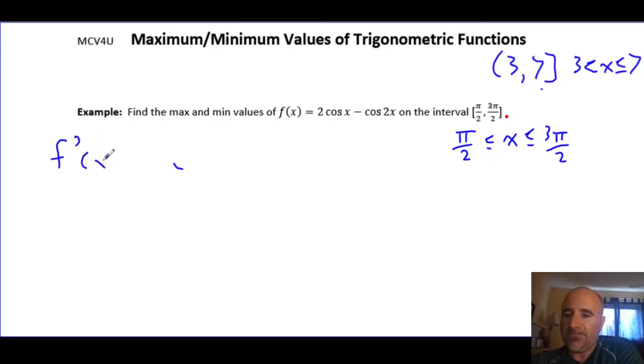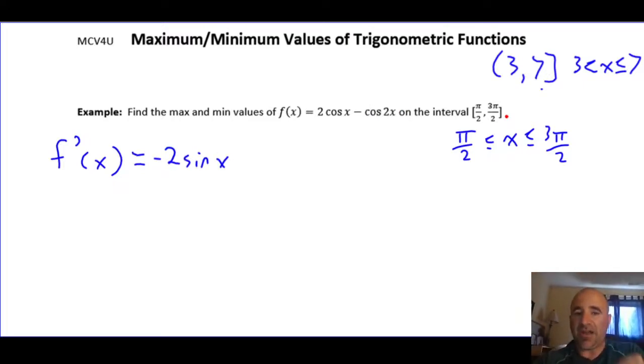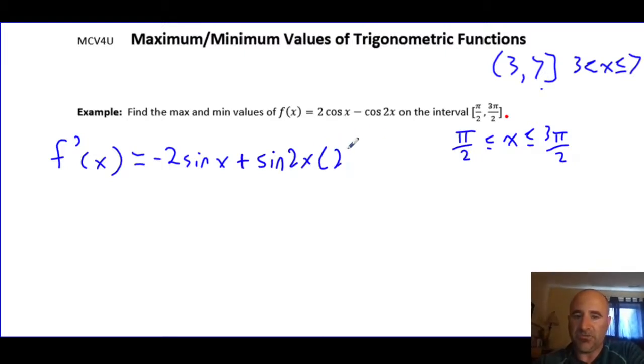and the derivative. So the derivative of cosine is, of course, negative sine. So 2 cos x will be negative 2 sine x. Okay, now the derivative of cos 2x is negative sine 2x, so the negative sine changes that negative into a positive. We get plus sine 2x times the derivative of 2x using the chain rule, which is just 2.